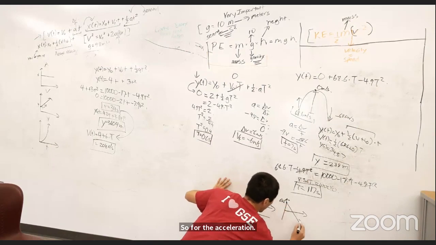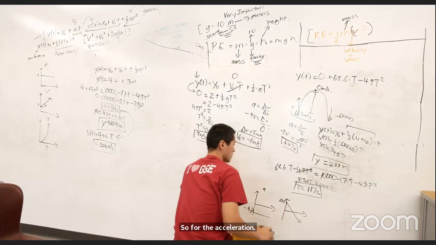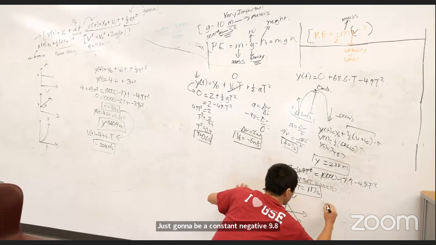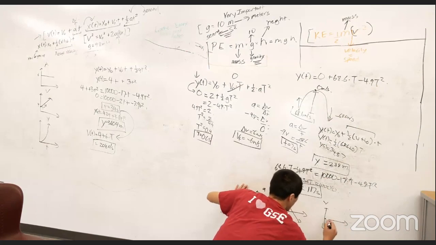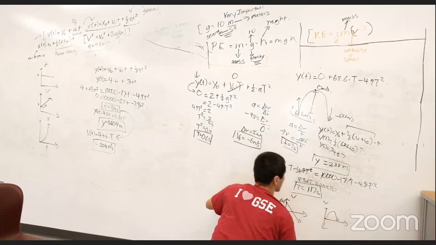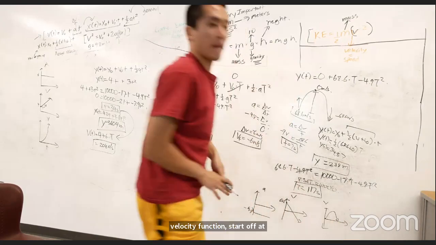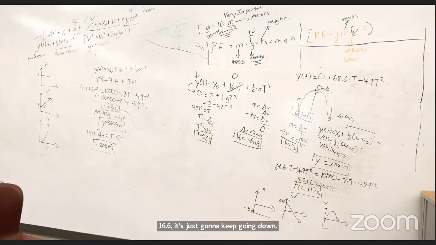It's just going to keep going down. And then for your position function, it's going to look something like this, where you initially start here, curving down to this. So that's how you would do number 4. Does anyone have any questions about that?